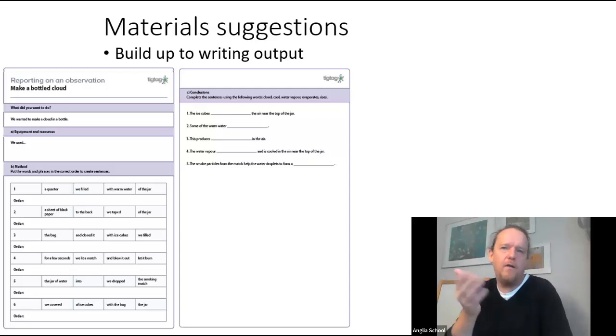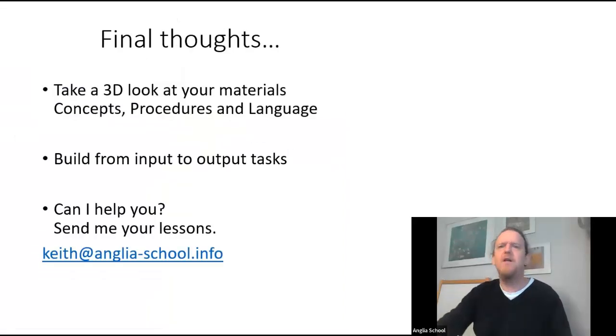And you can see that there are various instruments used here. We've got sentence starters. We've got mixed up sentences to give the instructions, the method of what was done. And then we've got a section called conclusions with gapped sentences to fill in. In TICTAG, we gave two variants, an advanced and a basic. And there are many options depending on your learner's language needs.